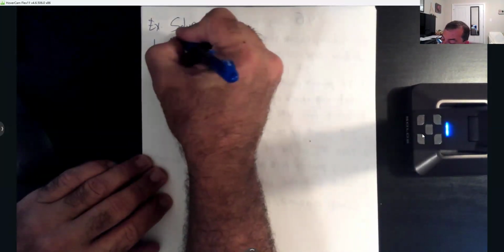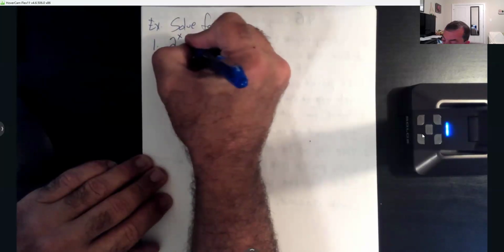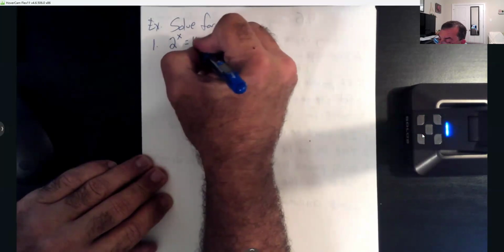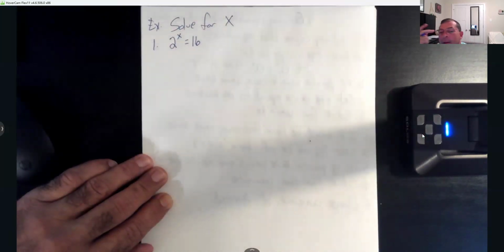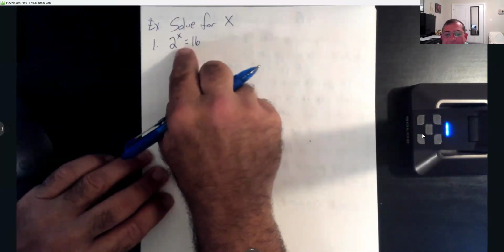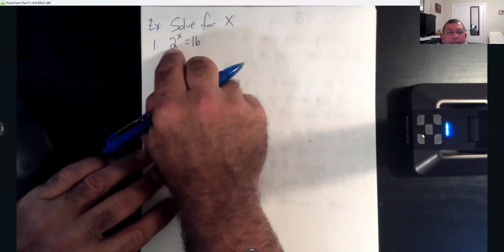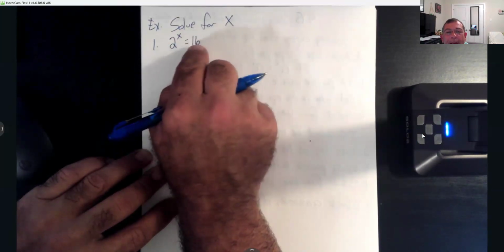So 2 to the x equals 16. So what you gotta look at in order to rewrite these, you got a 2 to the x over here. So 2 is the base.